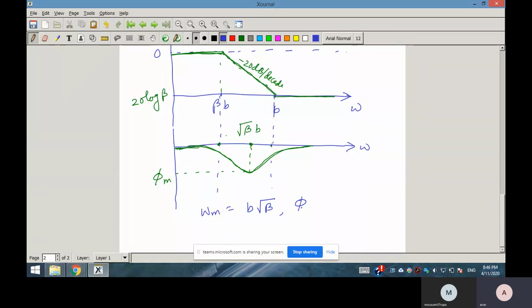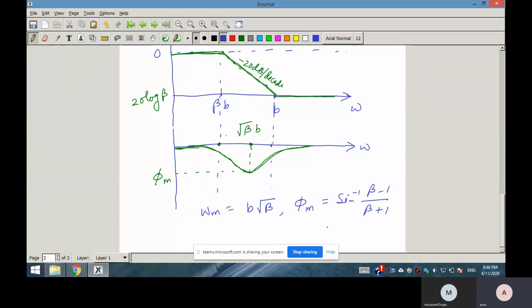And what is your maximum phase margin? Maximum phase. If you see, it will be like the earlier lead controller formula. It was alpha minus 1 by alpha plus 1. So here now it will be beta minus 1 divided by beta plus 1. So now since beta is less than 1, phase phi m will be negative.